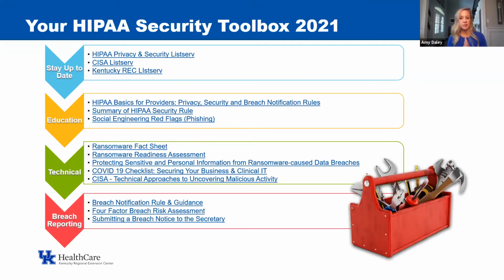Seth has placed our toolbox on our Kentucky REC website. So in the chat box, I'm going to ask him to provide the link, and you can click on that link and save that in your bookmarks. It will have links to all of these that are in this PowerPoint presentation that we covered today.